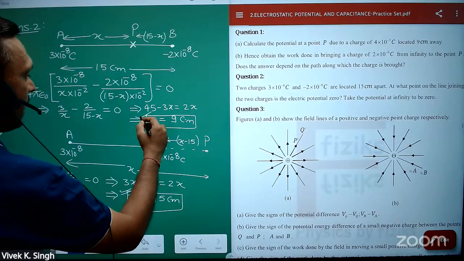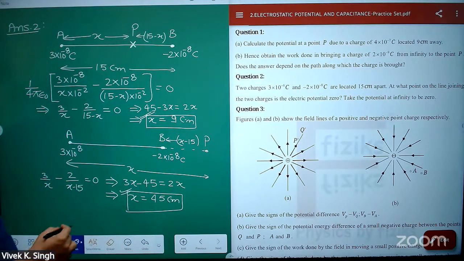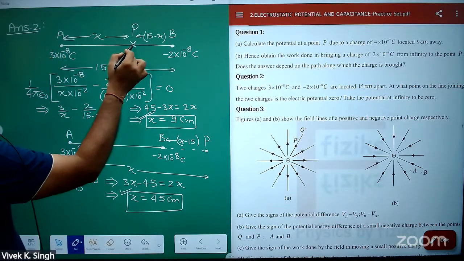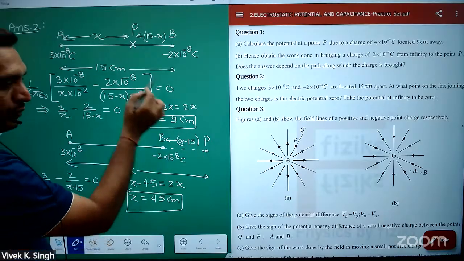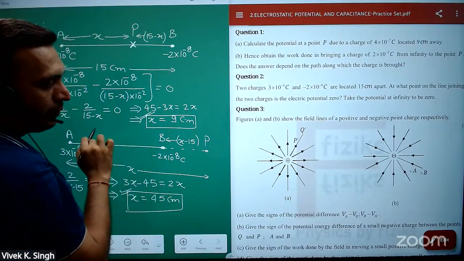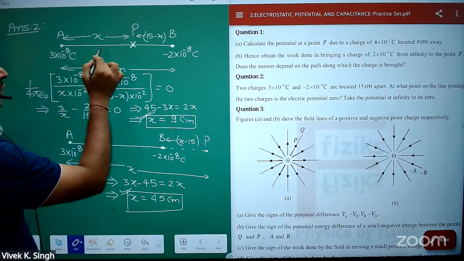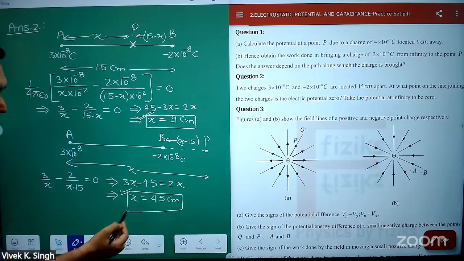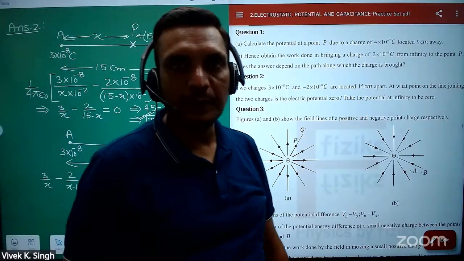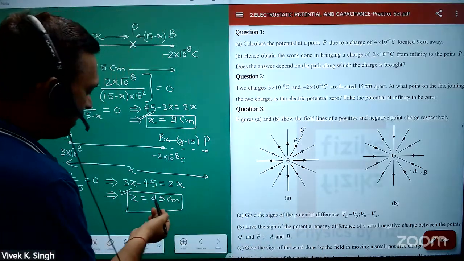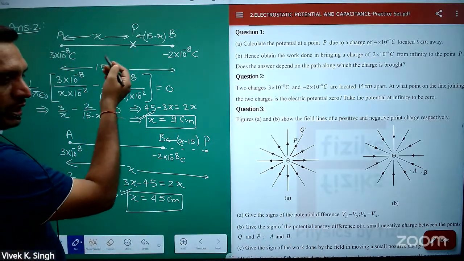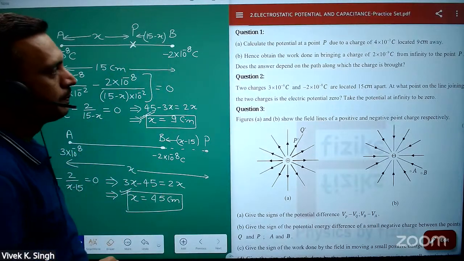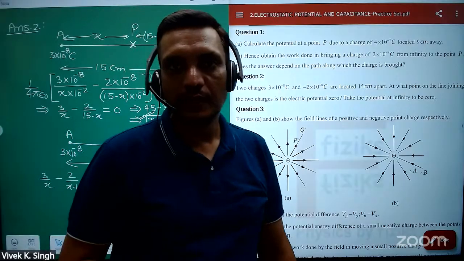So there are 2 points where potential will be 0. Either it will be 9 centimeter away from point A or 45 centimeter away from point A along this line AB. So one is 9 centimeter, another is 45 centimeter. So just by equating potential due to both charges to 0, you will get the value of x. So that is question number 2.